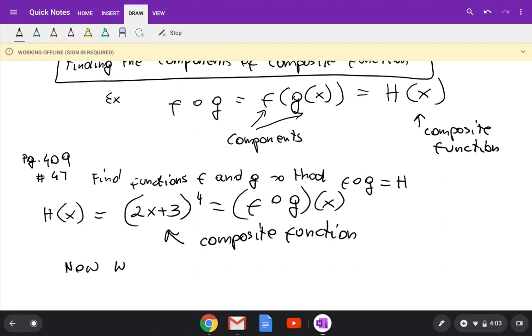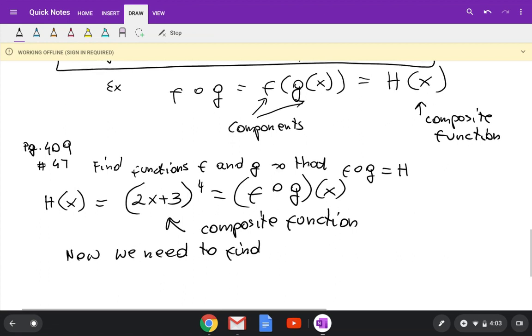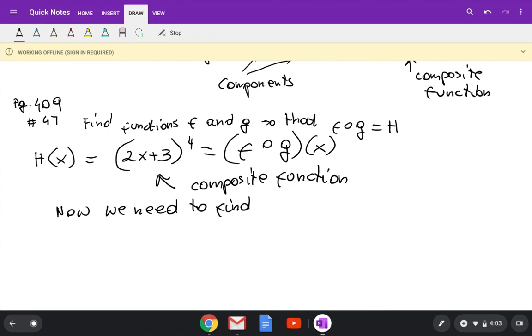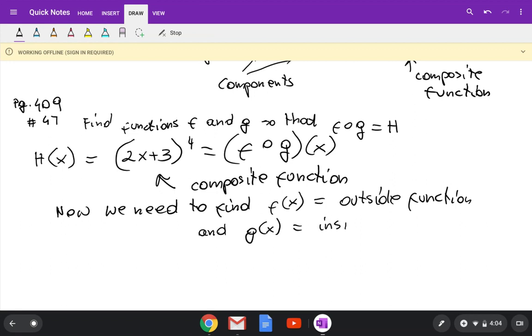Okay, so now we need to find the original functions f and g. We need to find f of x, which is the outside function, and g of x, which is the inside function.